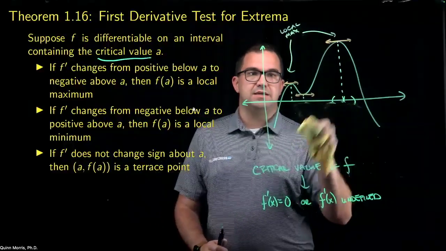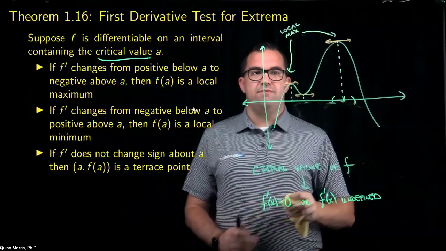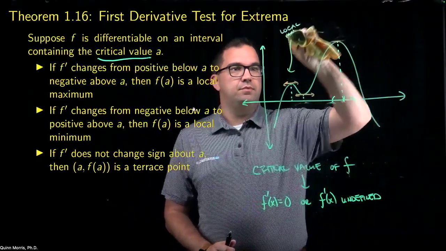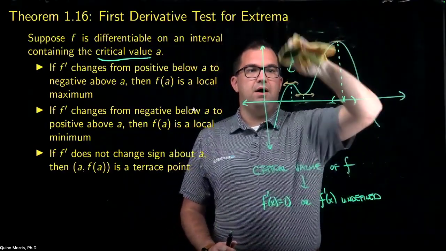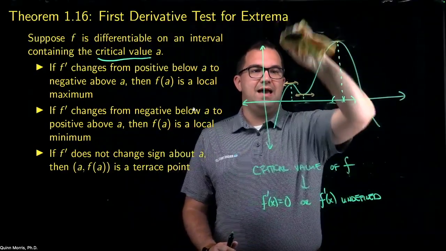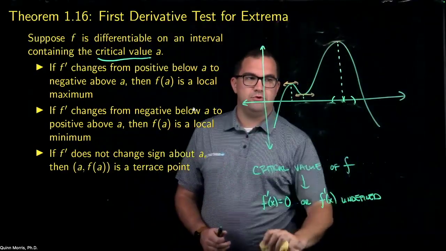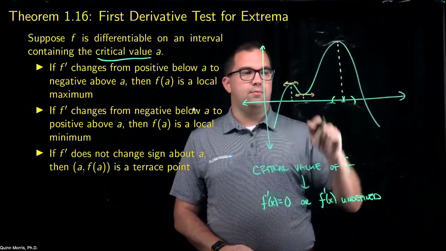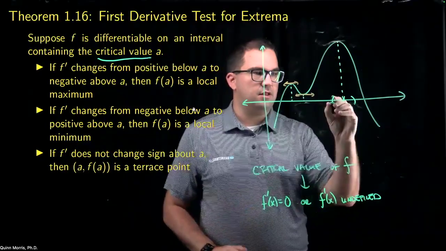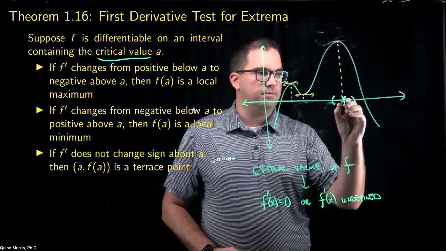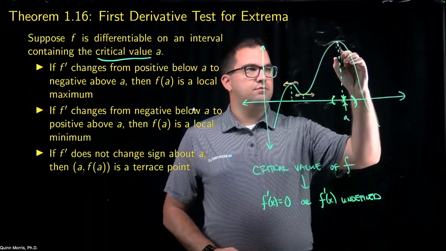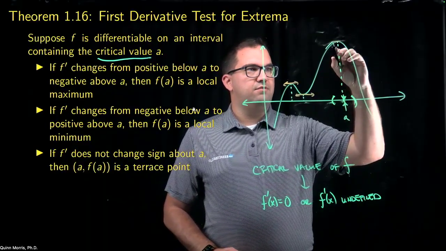So the first part says, if the first derivative of f changes from positive below a to negative above a, then f of a is a local maximum value. For example, let's look here. This is a local maximum value. If I look at these little sub-intervals, and here's my point a, below a, if I look over here, my derivatives are positive.